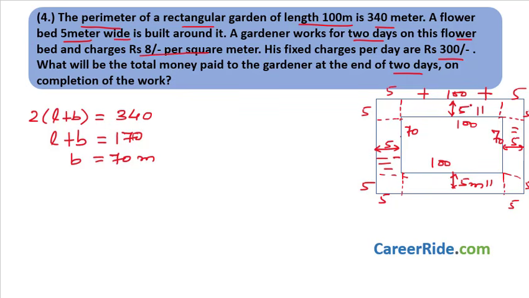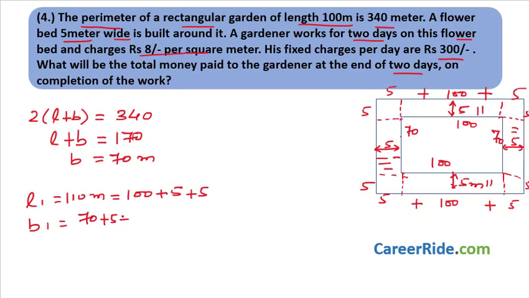It is 100 plus the extension, 5 this side, 5 this side. So the length here becomes 110 meters. Similarly, the breadth becomes 70 plus 5 plus 5. So this becomes 80.